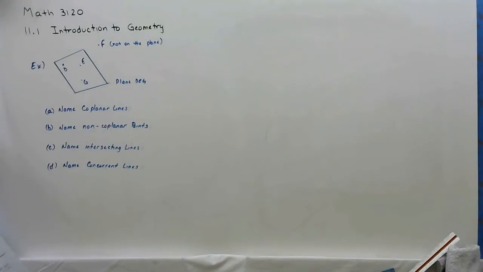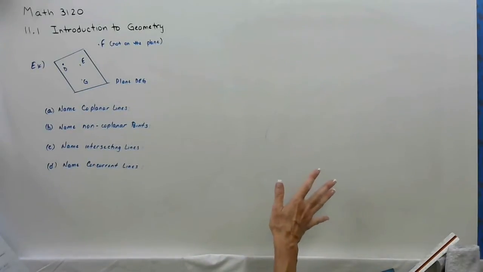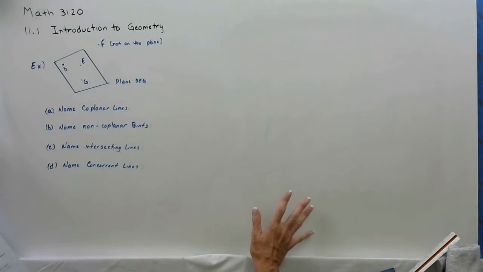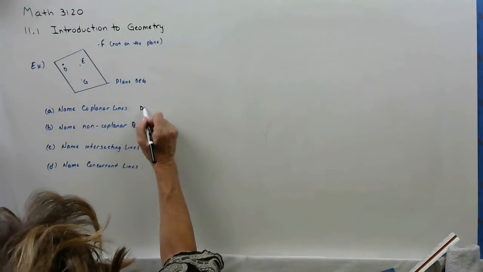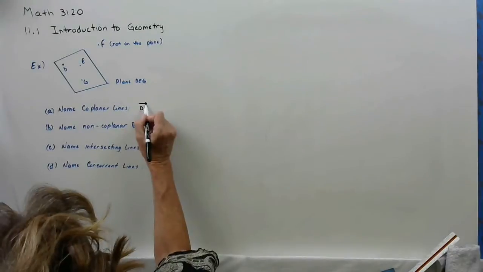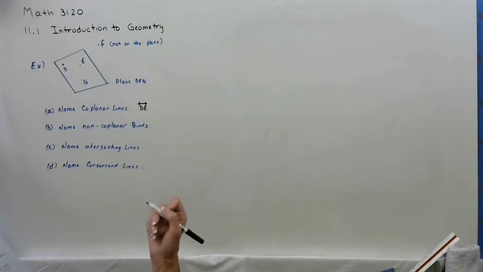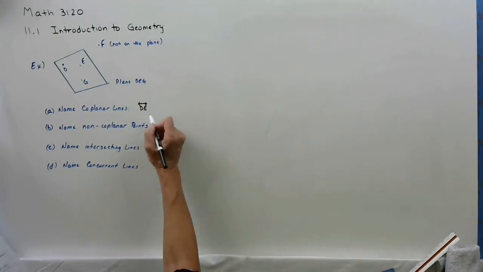All right, so let's take a look at the coplanar lines. Maybe I shouldn't have erased, but the coplanar lines, remember, are lines which lie on the same plane. So we have several correct answers, depending on what you happen to see. We could say that we have a line from D to E, or the other way around, E to D. Remember, with the lines that go on forever in both directions.